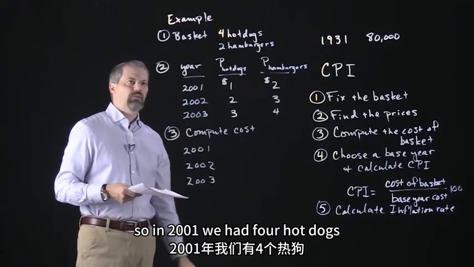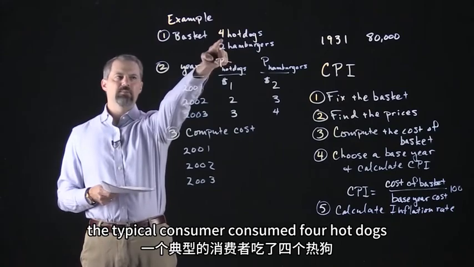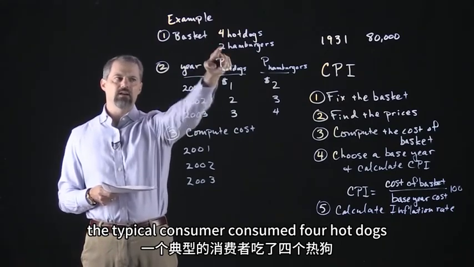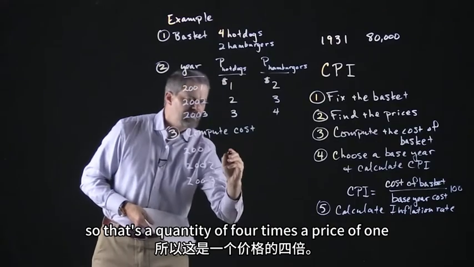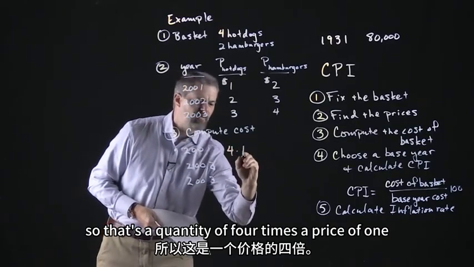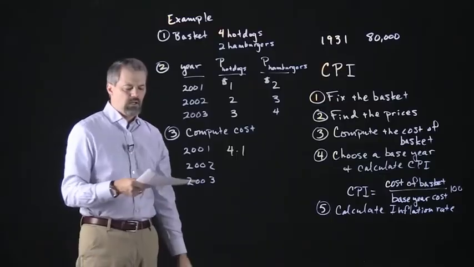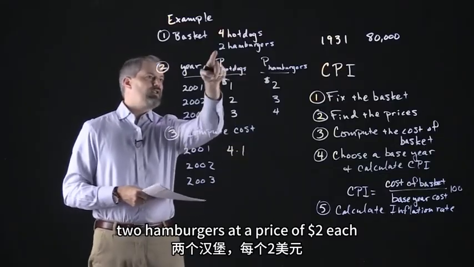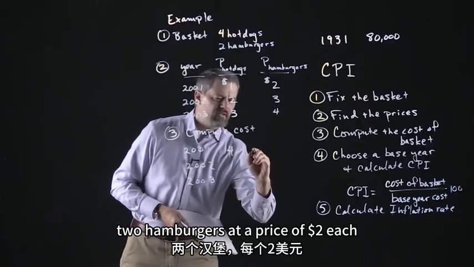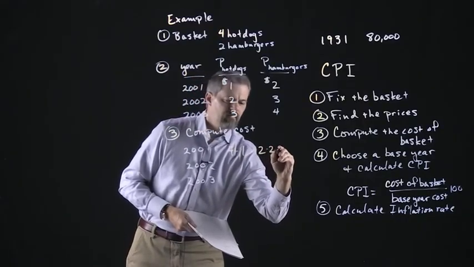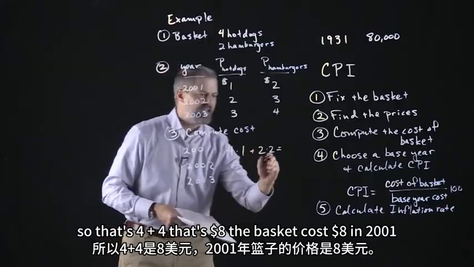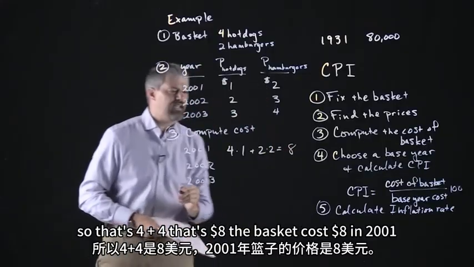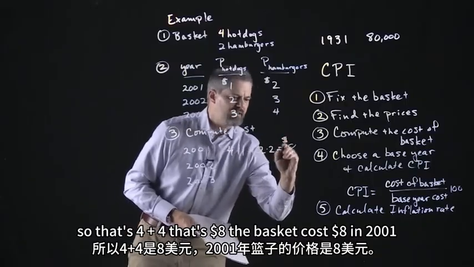So in 2001, we had 4 hot dogs. The typical consumer consumed 4 hot dogs at $1 a piece. So that's a quantity of 4 times a price of 1, plus 2 hamburgers at a price of $2 each. So that's 4 plus 4, that's $8. The basket cost $8 in 2001.